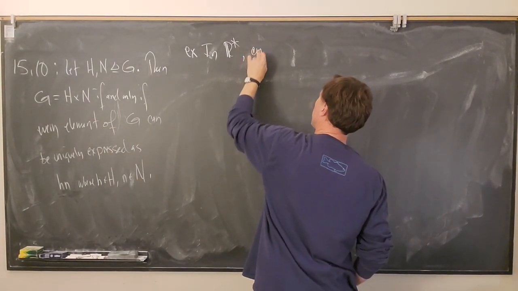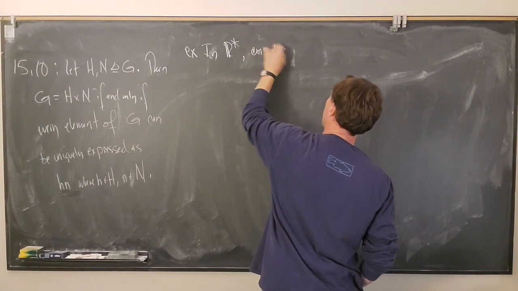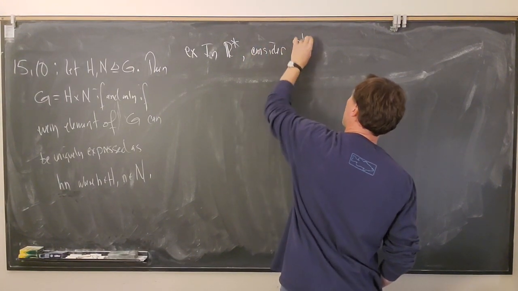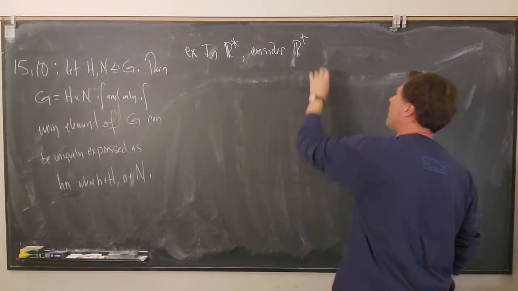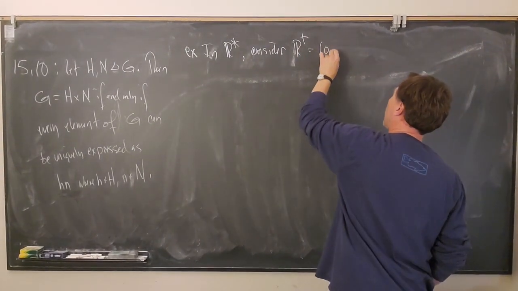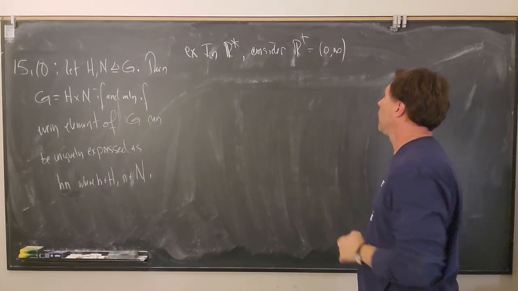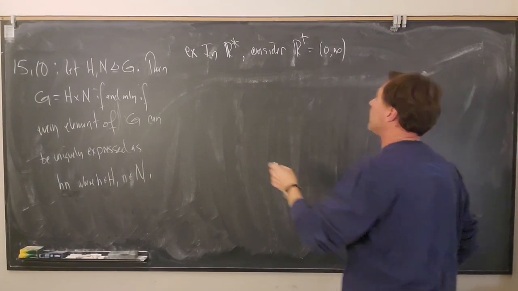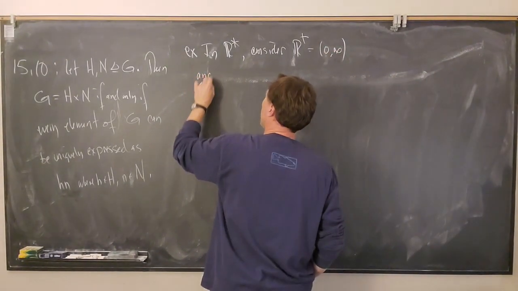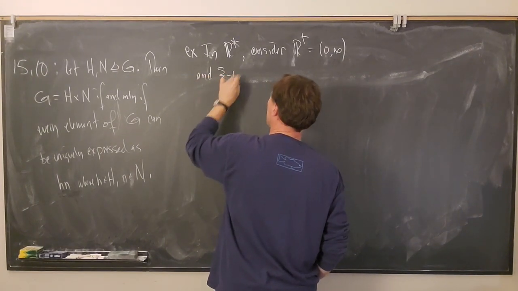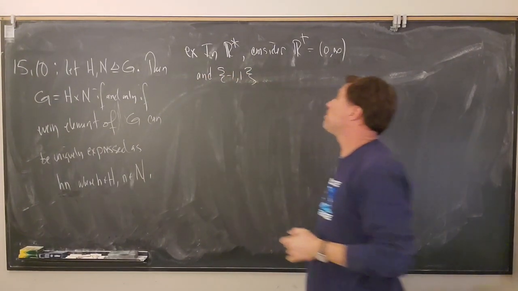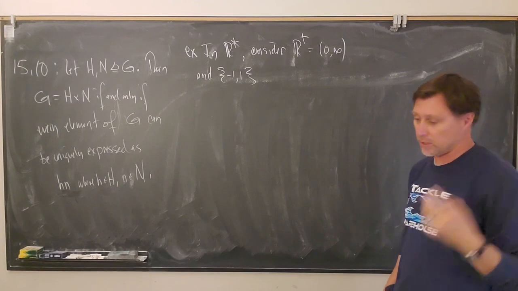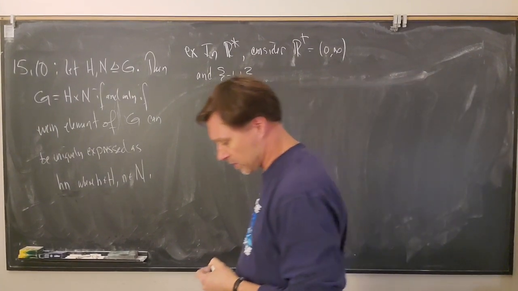Consider the subgroup R plus, all positive real numbers, and I also want to consider the subgroup -1 and +1. We can easily check that that's a subgroup also.